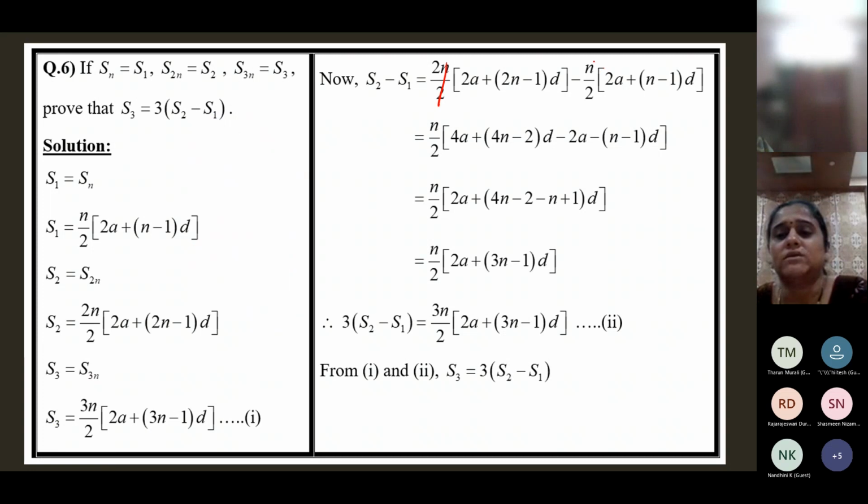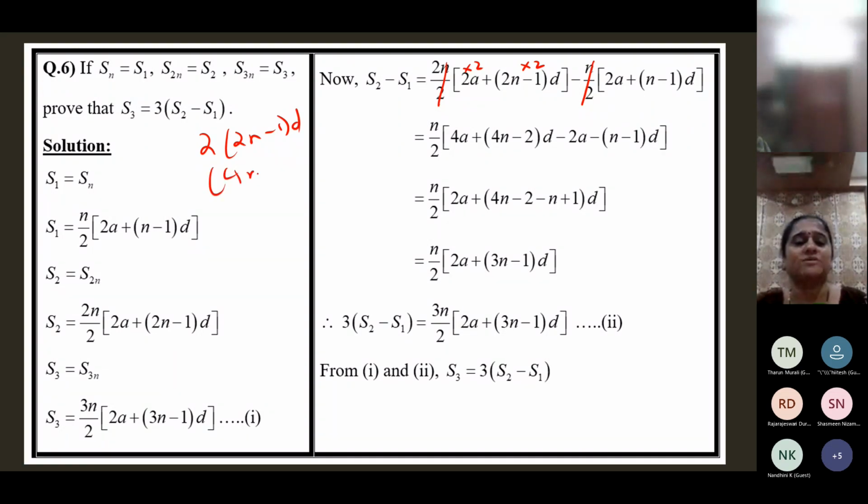Similarly here, n by 2 is common. Multiply this by 2. When you multiply this one by 2, it's enough. See, it's 2n minus 1 into d. Multiply the 2 to 2n minus 1. You don't have to multiply to d. So 2 into 2n minus 1 into d will become 4n minus 2 into d.